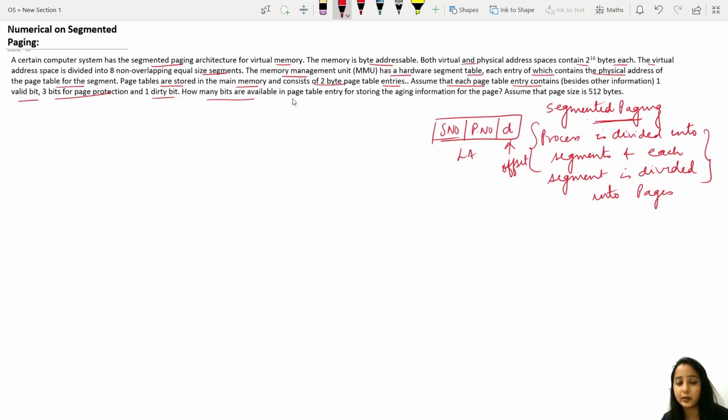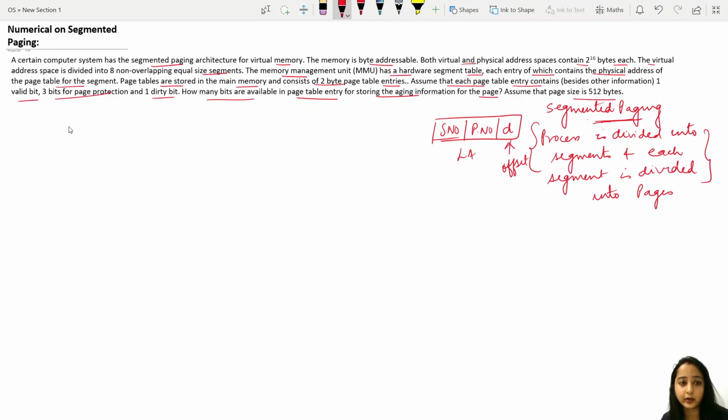If you don't know the dirty bit, you can refer to the previous videos. How many bits are available in the page table entry for storing the aging information for the page? You have to assume that the page size is 512 bytes.